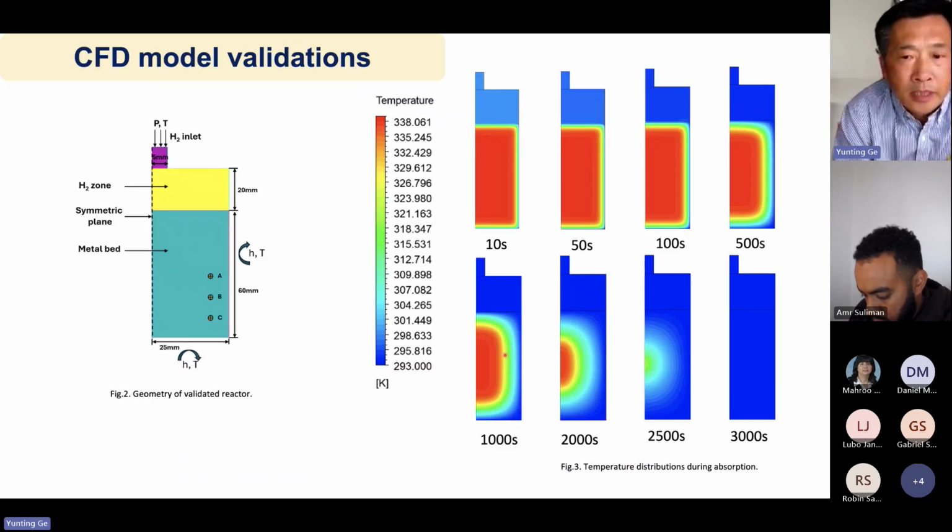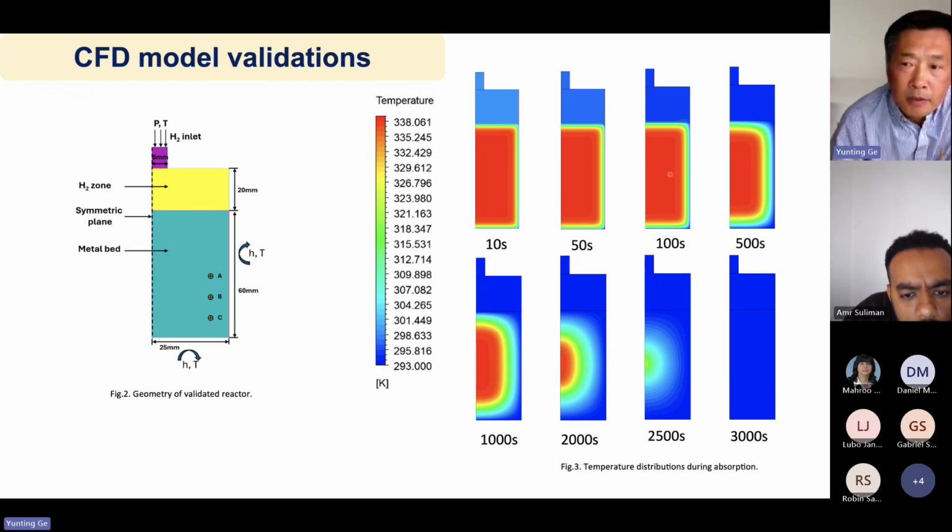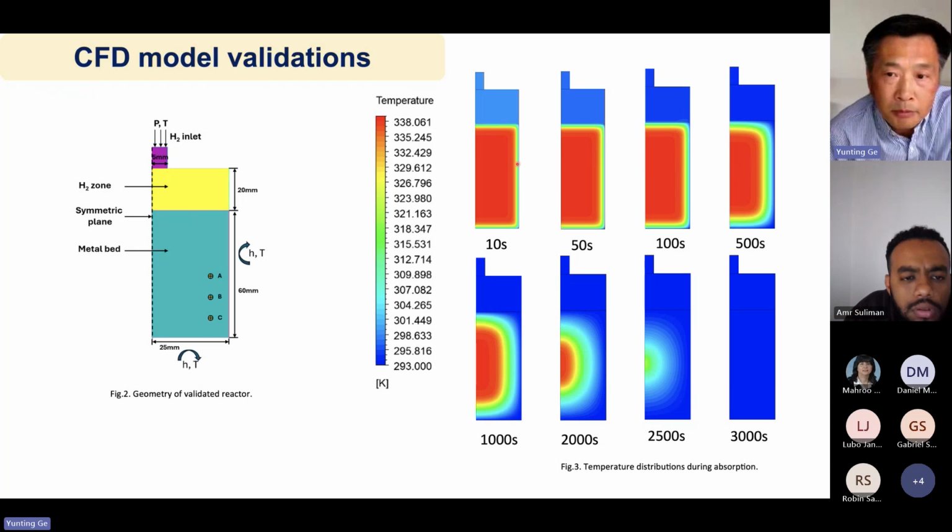We validate the CFD model by comparing our simulation result with a measurement from a simple metal hydrogen reactor for the absorption process. This is the temperature contour profile for the absorption process.